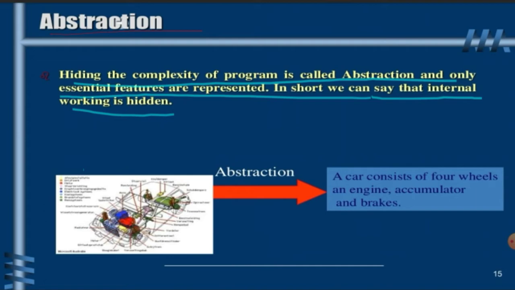No, you only sit and enjoy. Like this, that is called abstraction. So the internal working is hidden and you are only shown the outward appearance. So a car consists of 4 wheels, an engine, accumulator and brakes. So this can be a perfect example for abstraction.